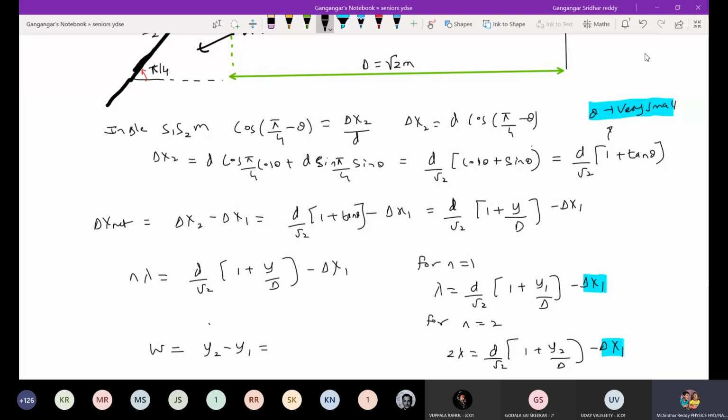So this will be 2 lambda by d. If you solve it, you'll get some answer. This is some major part of mathematics. I'm just showing it here only. 5 into 10 power minus 2. 5 into?